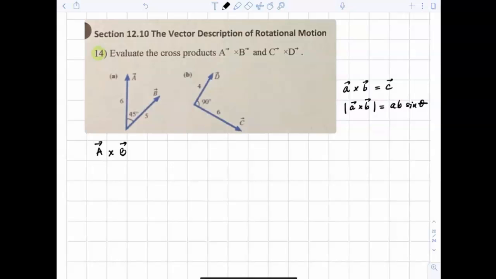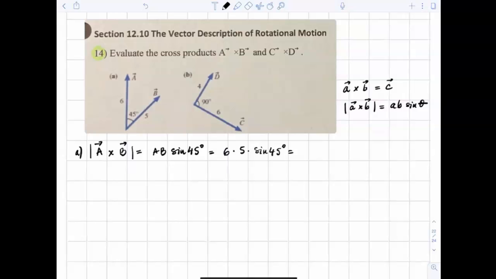So let's start with case A. You have A times B and they ask you to evaluate that, so that would be the absolute value of it. You're going to have AB and then sine of 45. A is 6, the other one is 5, sine of 45.